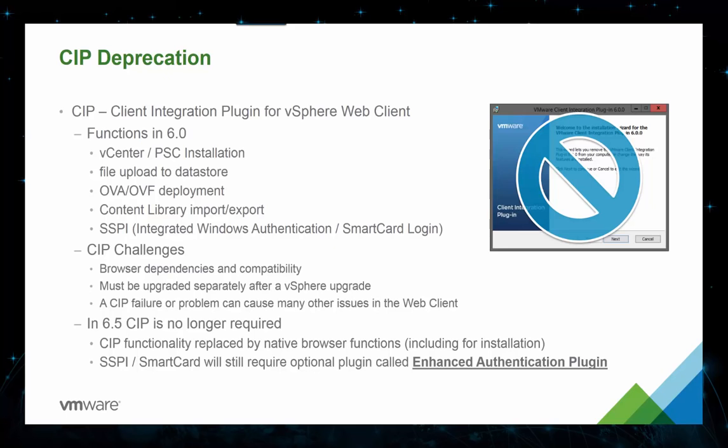Now with vCenter 6.5, it is no longer needed, as we're now using the native browser functionalities. The only exception is if you're going to implement SSPI or Smart Card for two-factor authentication with the vSphere web client, we will require an optional plugin called the Enhanced Authentication Plugin. But otherwise, we no longer need that client integration plugin, which is definitely a blessing.